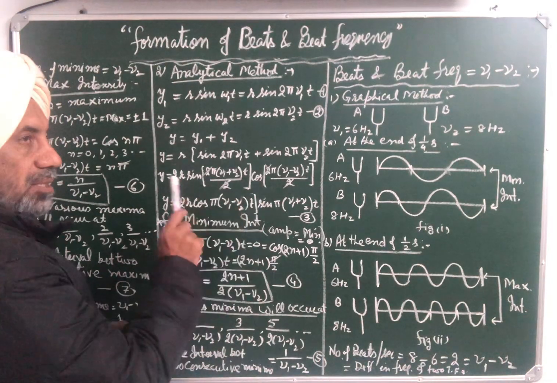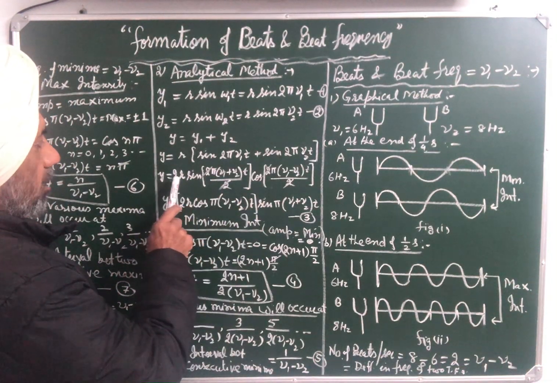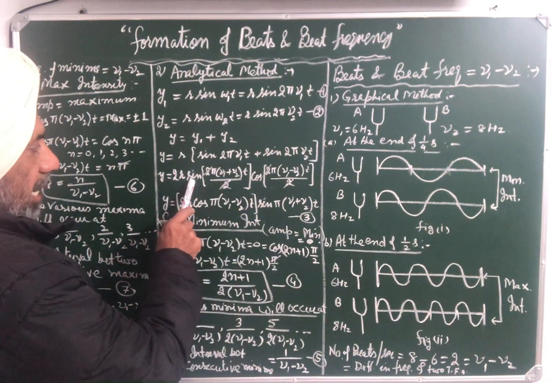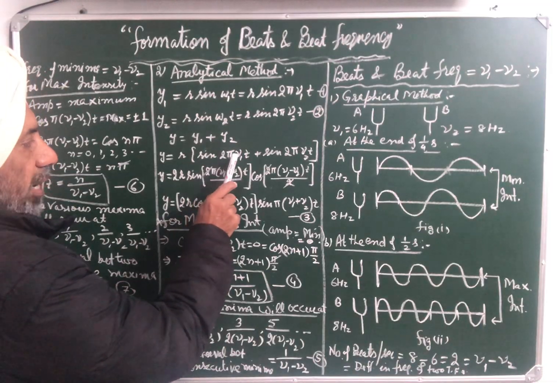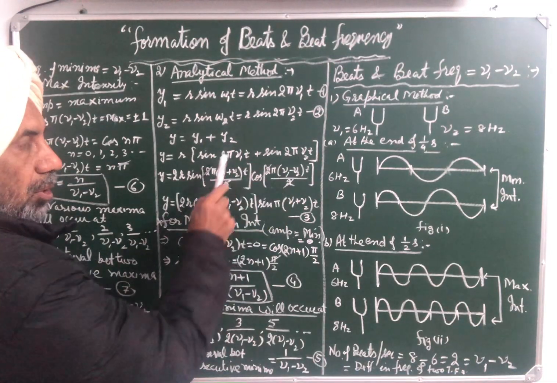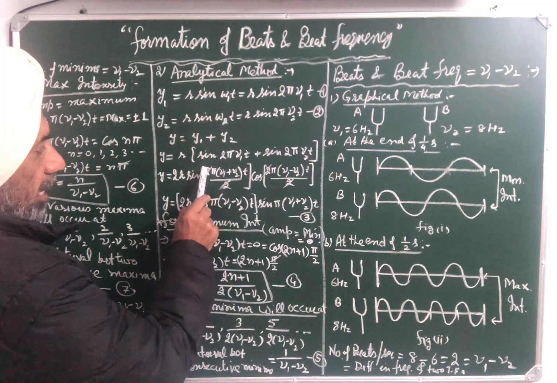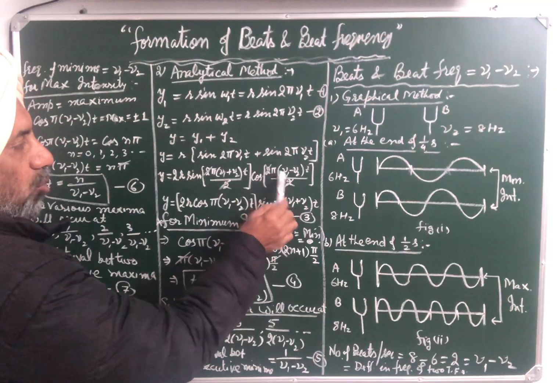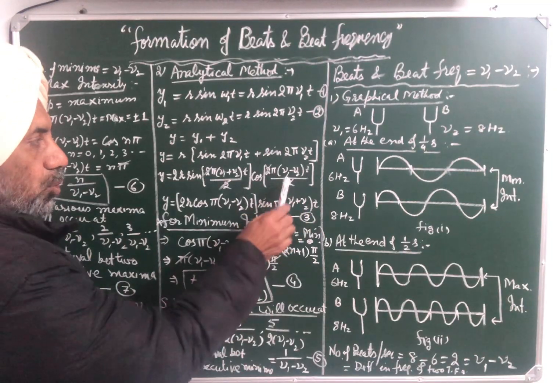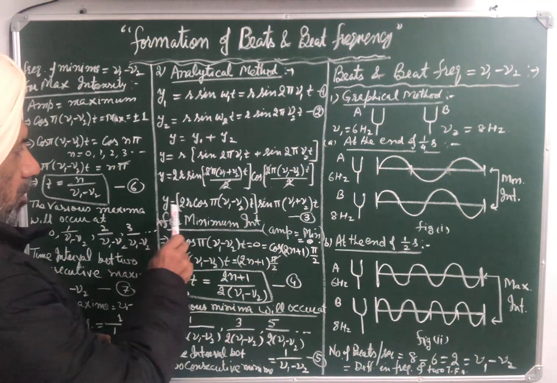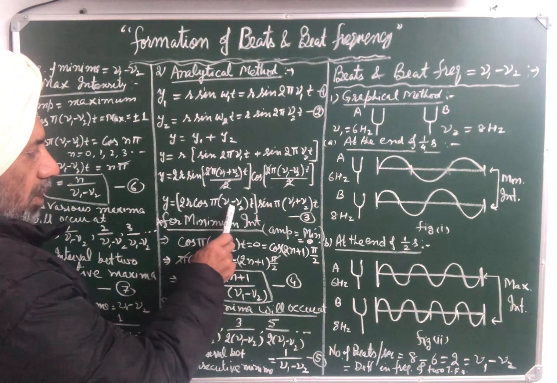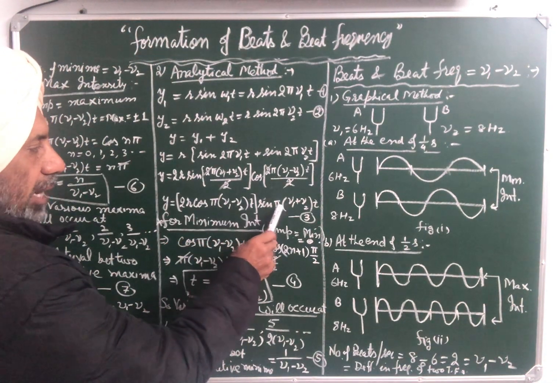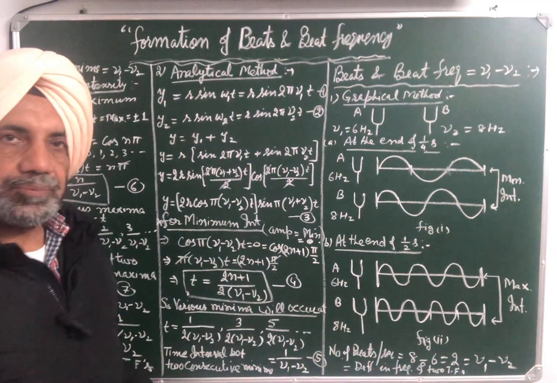Applying this formula, we have y equal to 2r sin of (2 pi nu1 plus 2 pi nu2) upon 2 into t, so we can write 2 pi into (nu1 plus nu2) t upon 2, times cos of 2 pi (nu1 minus nu2) t upon 2. The 2s cancel. So we get y is equal to 2r cos pi (nu1 minus nu2) t times sin pi (nu1 plus nu2) t.